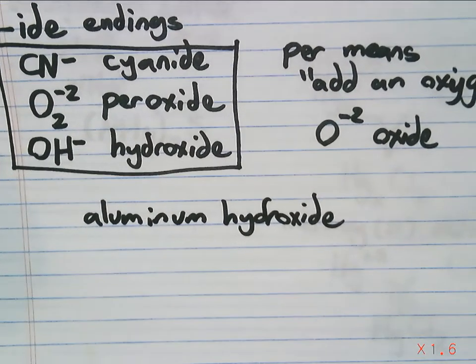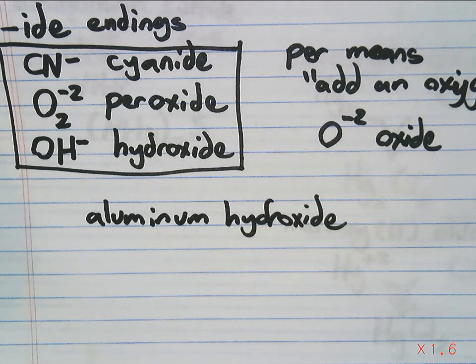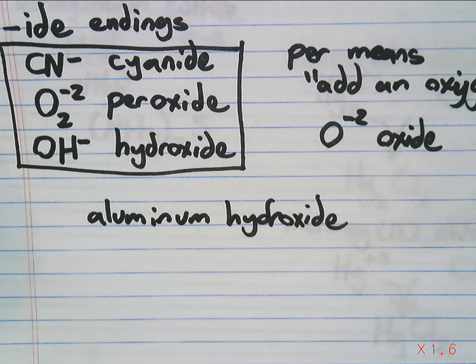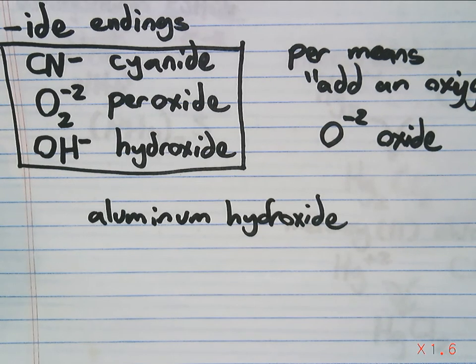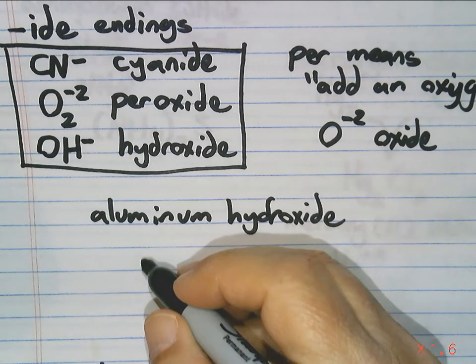They will form some aluminum hydroxide in the river water, and it is sticky and gooey, and as it settles down to the bottom, it will grab onto bacteria, viruses, dust particles, mud, whatever, and hold on to it. And it'll settle down into the bottom of the tank. Then they can skim the water off the top, and the water doesn't have all of those things in it then. Let's write down the formula for aluminum hydroxide.